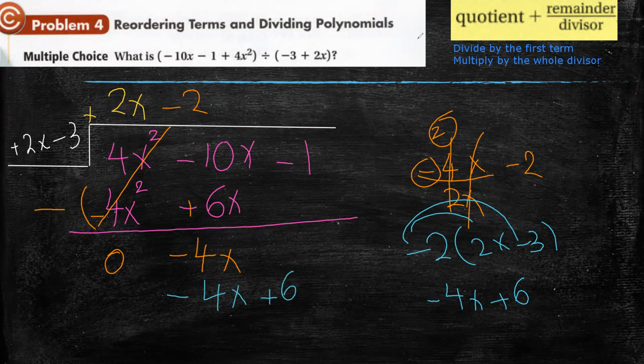You must have the same sign and the same answer. If you don't have the same sign, there's something wrong. Here I have negative 4x, so my answer after multiplication must be negative 4x plus something. If it is positive 4x, there's something wrong. If it is 3x, there's something wrong. It must have the same degree of x, the same constant with the same sign.